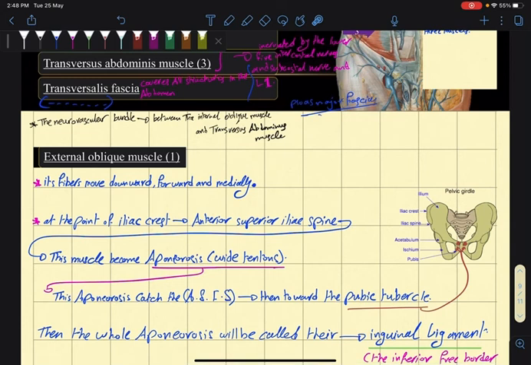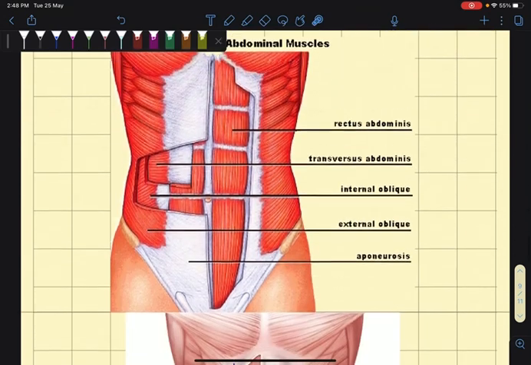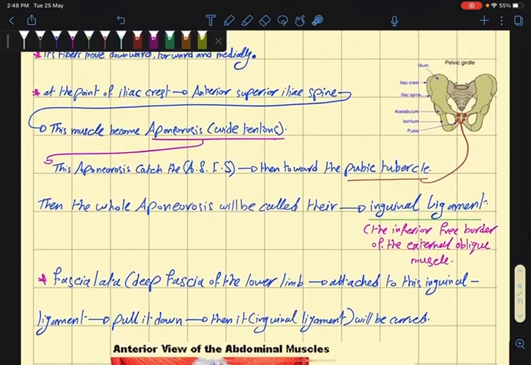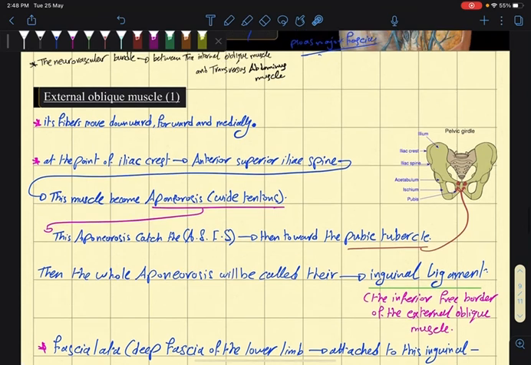At the point of the iliac crest and the anterior superior iliac spine, this muscle becomes an aponeurosis. So the external oblique muscle gives an aponeurosis, which is a wide tendon.